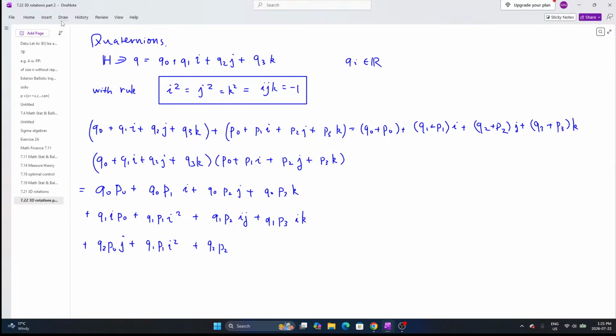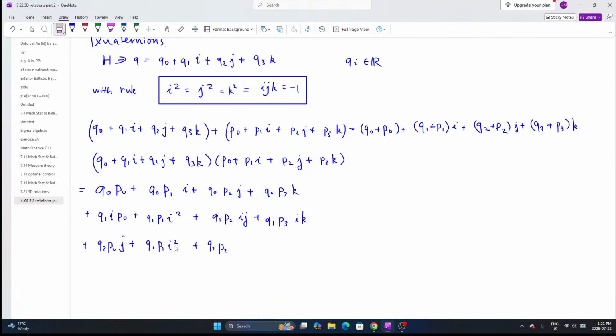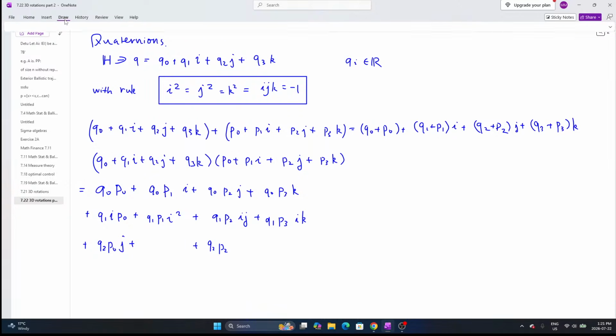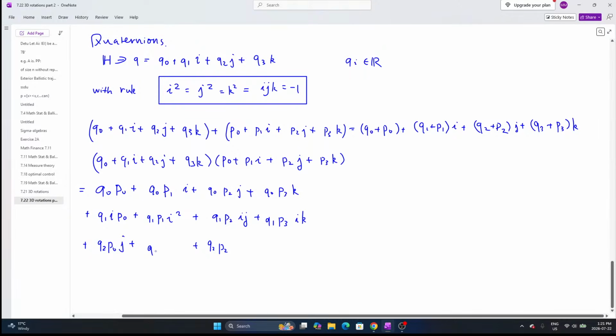Here, it's not i squared, but rather i times j. Here, there's a mistake. Should be Q2 j times P1 ij. Actually, ji. I think the order is important here. The order is important. I might have messed that up.